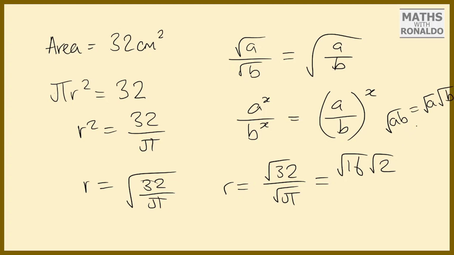And the important thing here is that 16 is a square number. So now we can rewrite that as 4 root 2 over root pi. We can either leave our answer like this, in centimeters in fact, or what we can do is rationalize it, which will be done on the next slide.